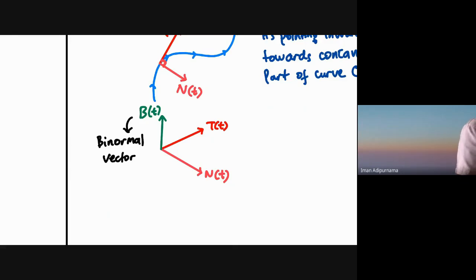So binormal vector means it is orthogonal to normal, and it's also orthogonal to the tangent.